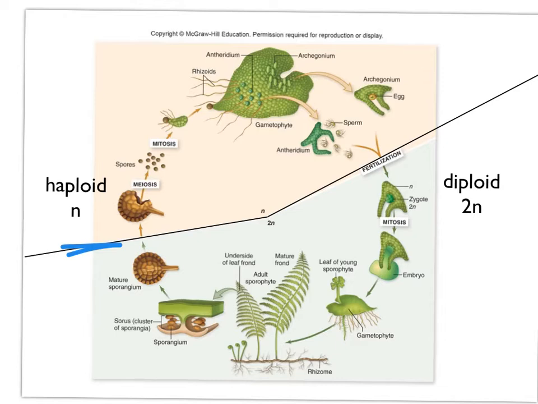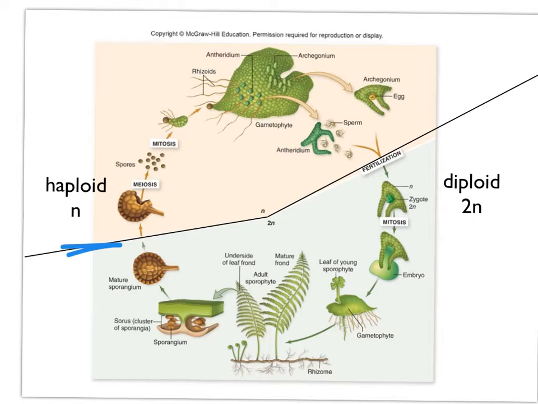And then the spores essentially germinate, and you've got a gametophyte. These are 1N, that means they're haploid, okay? And they grow into this structure. Now, like I said, if it's non-vascular plants, then this will be the thing that you normally see in nature, okay?